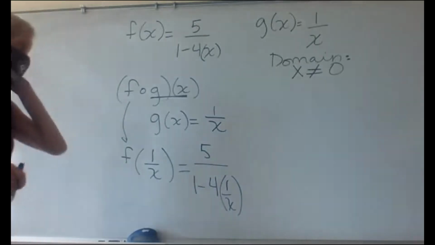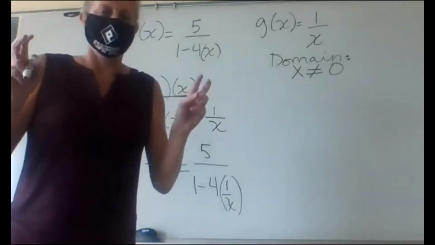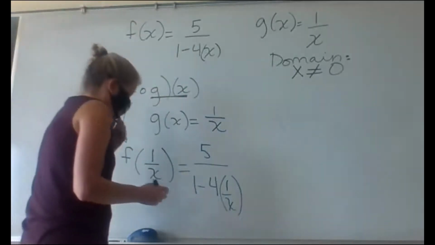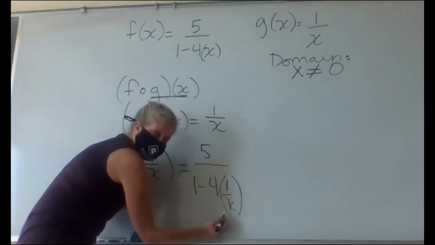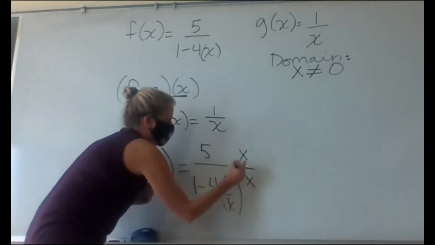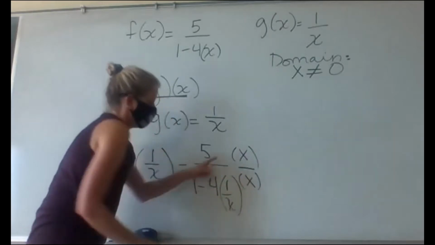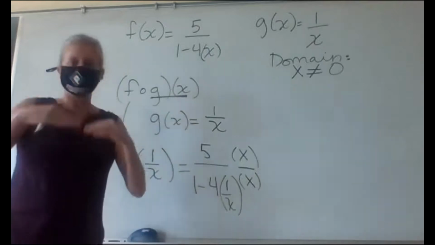So what I'm going to do is multiply this whole fraction by a fancy 1. The 1 is going to be whatever the denominator of this bottom fraction is. I'm going to multiply that times the top and the bottom. Because, look at that, that's just a fancy 1. Anything over itself is 1.